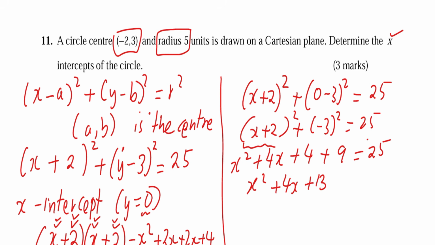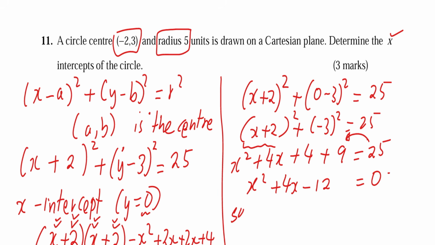You can put the 25 to the other side, giving minus 25 equal to 0. So 13 minus 25 gives us minus 12. If I'm not wrong, it should be minus 12. Yeah, it gives us minus 12.